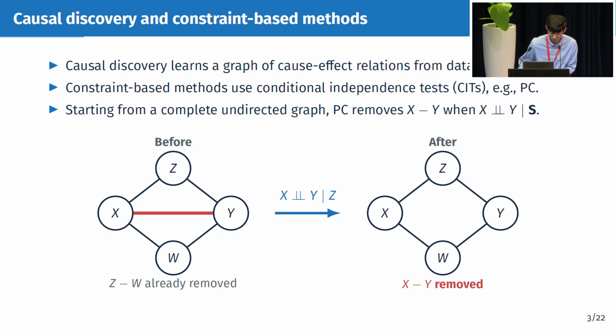The PC algorithm, for instance, starts from a complete undirected graph, and whenever it finds that two variables are conditionally independent, it removes the corresponding edge. So in this example, once we find that x and y are independent given z, the edge between x and y is removed.